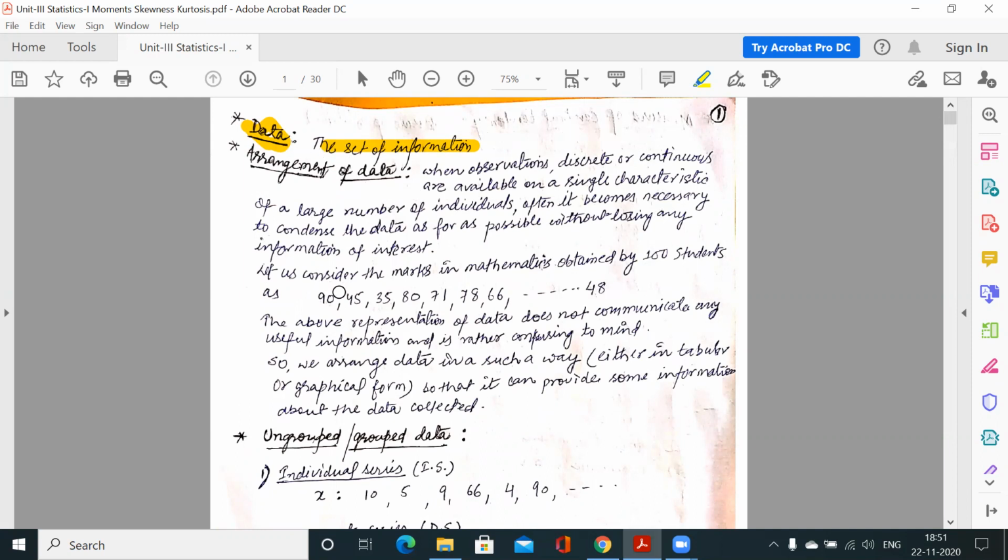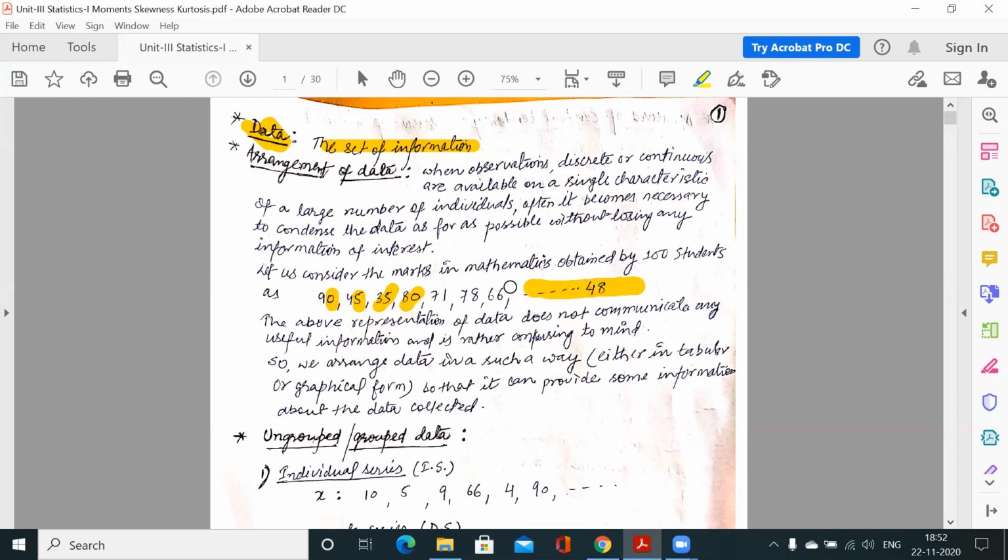Now again, let us take one example. Suppose I have 100 students in my class, and I am collecting the data of their marks in mathematics in 12th class. Everyone tells me that the first got 90, the second got 45, the third got 35, the next got 80.